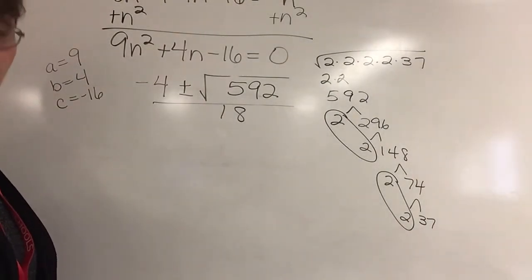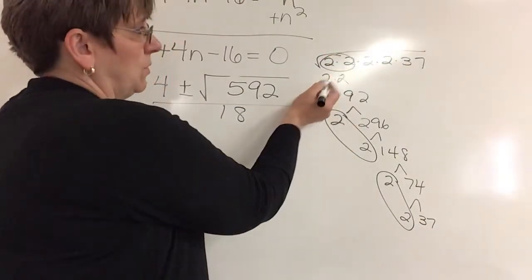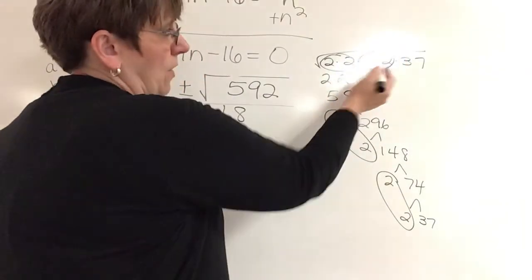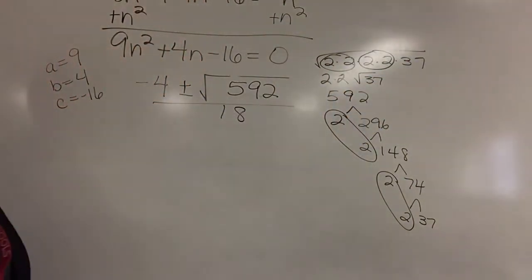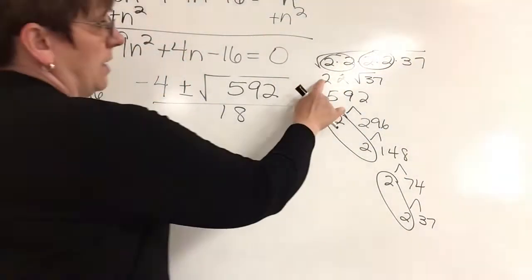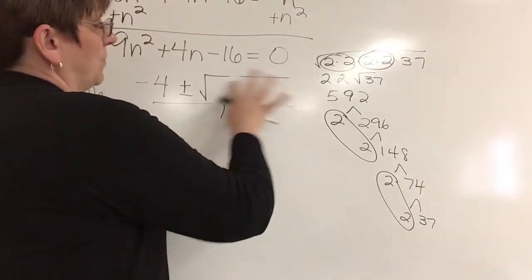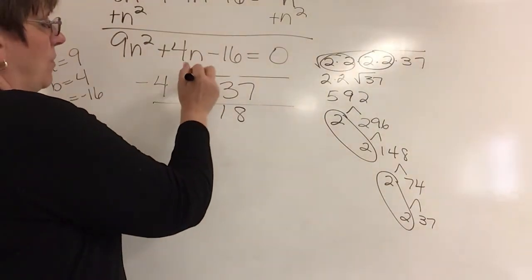That's what the 592 is equal to. I can take the square root of this pair of 2's, so that one's coming out. I can take the square root of this pair of 2's, so that 2 comes out. And I'm left with my 37 inside of the radical, and 2 times 2 is 4. So that means I would keep the 37 in here and put a 4 right here.